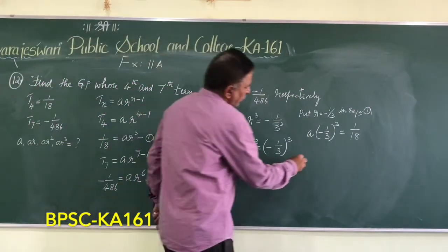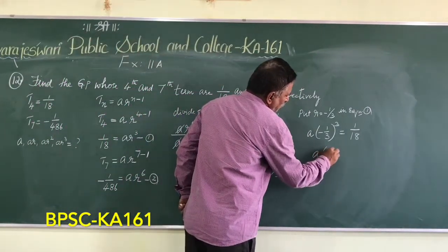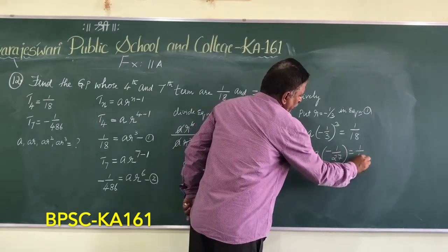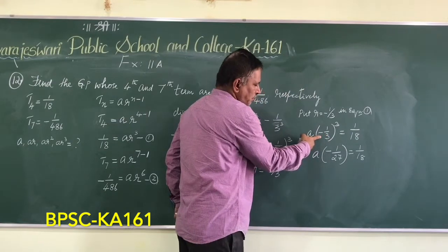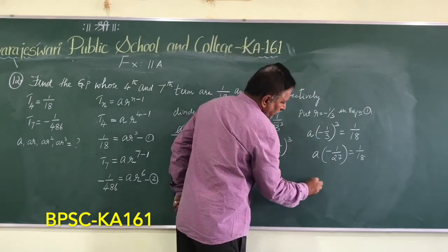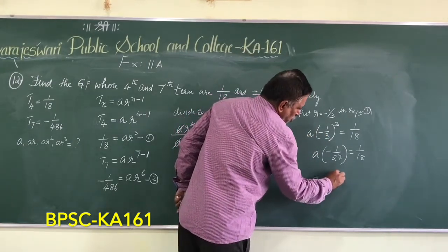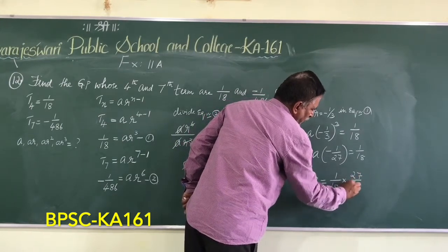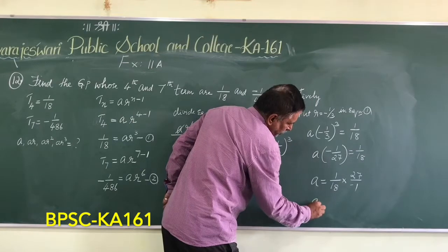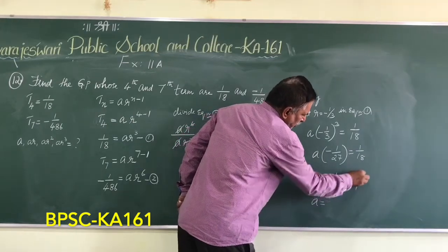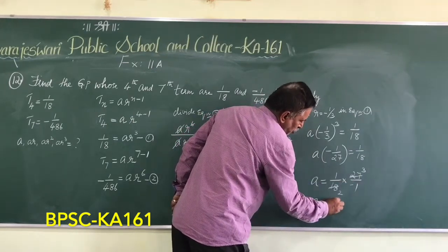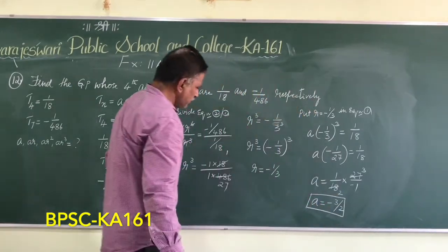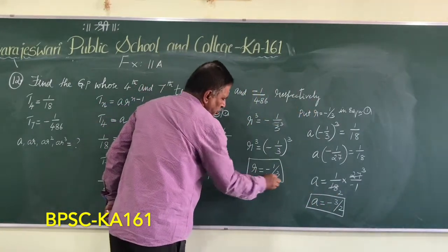No doubt, A of minus 1 by 27 is equal to 1 by 18. Because the power is an odd number, the negative sign will be as it is. A is equal to 1 by 18 into 27 divided by minus 1. So A is equal to 9 twos, 9 threes, A is equal to minus 3 by 2. So we got A is equal to minus 3 by 2, R is equal to minus 1 by 3.